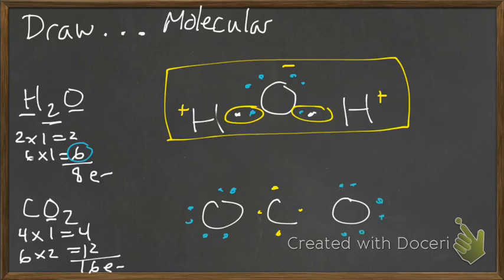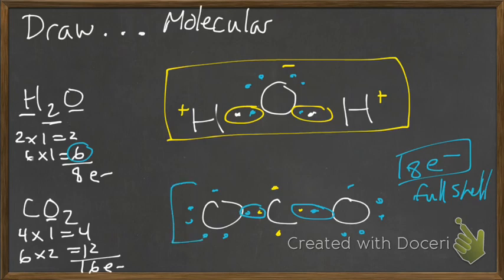Right now there's no bonds. Nothing is bonded on this, so it's not actually a compound. But what will happen is, if I get rid of those 2 electrons, I can put one of them here. So there's a bond there. If I can get those 2, put one of them here, so that's a pair. Now each atom wants to have 8 electrons on it to have a full shell.